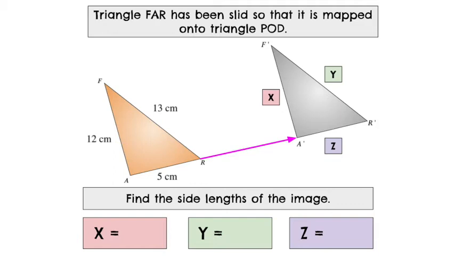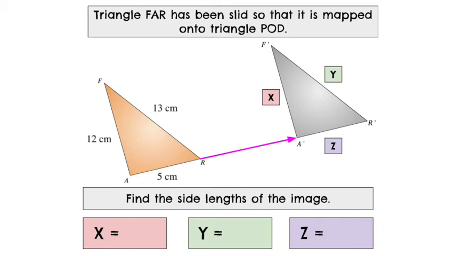And we really want to focus on finding X, Y, and Z. So if it was slid, what would X be? What would Y be? And what would Z be? Don't overthink it. That's why we gave you a short amount of time, because we just want you to observe and write. I have about 45 seconds left.